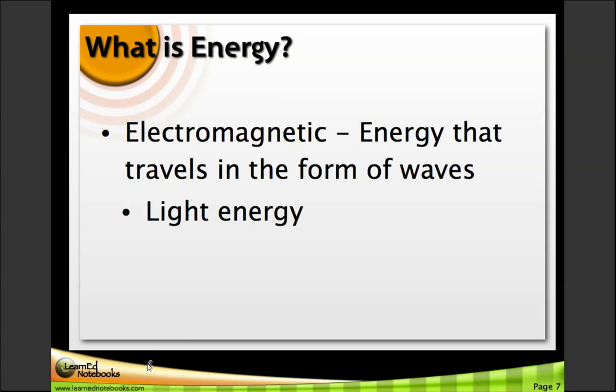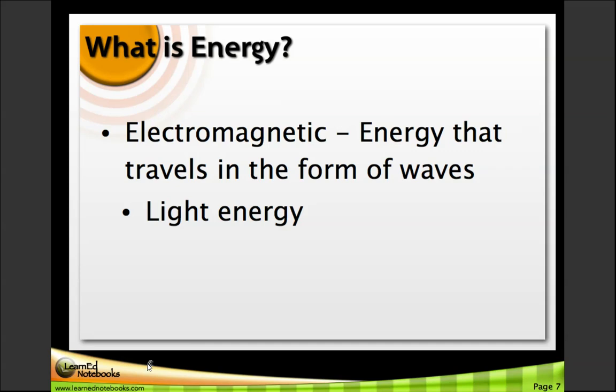Electromagnetic energy, or radiant energy. This is energy that travels in the form of waves, like light waves, or microwaves, or gamma rays, or radio waves. It's also known as radiant energy and light energy. I think you can probably come up with a few examples on your own.